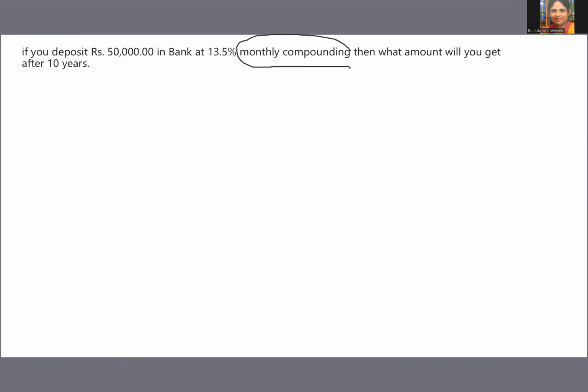That means it's compounded 12 times, right? Monthly compounding, 12 times per year. So then you can do this one very easily, okay?